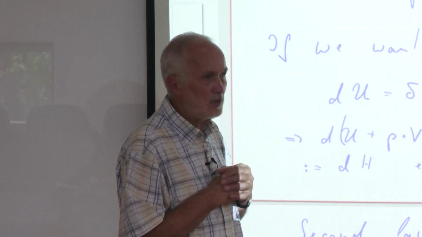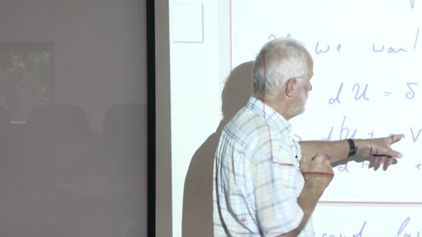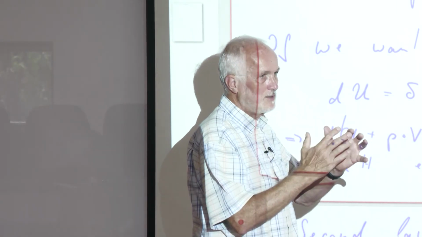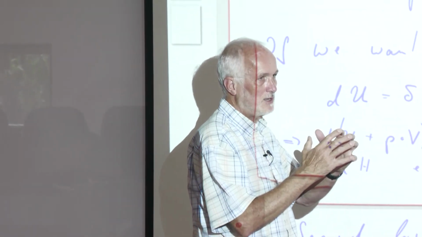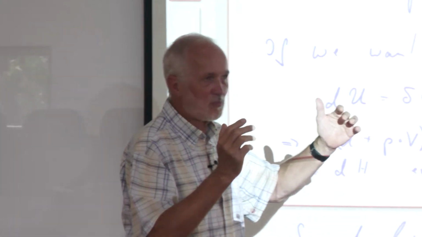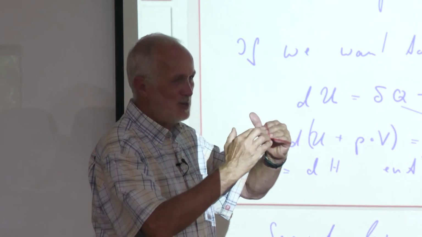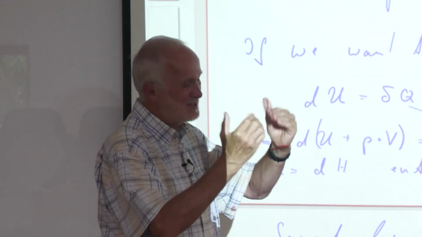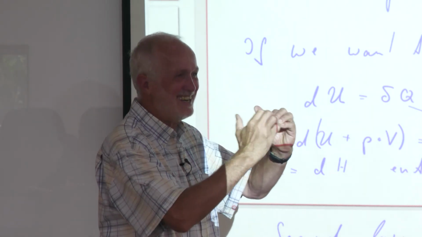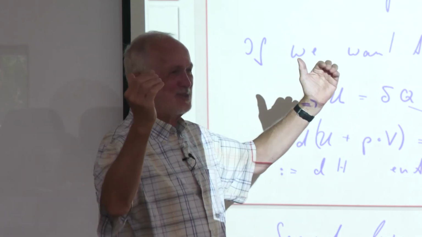So how can we reflect on this at this stage? As soon as you have changes in volume, if you keep volume constant, you suppress these changes in volume. For example, if you have a phase transition with a change in specific volume, say you freeze something at constant volume, you risk destroying your container.